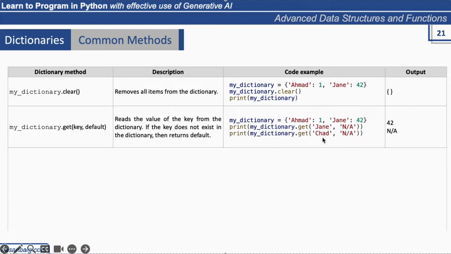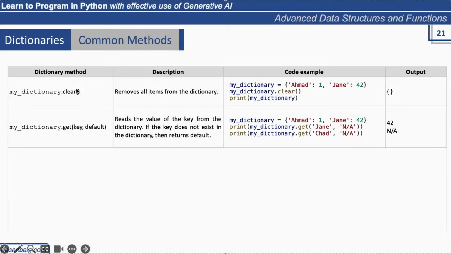However, Chad is not a part of this dictionary. So when I try to get a value associated with a key which is not a part of the dictionary, then rather than throwing the key error that we saw, we can optionally display a message like NA. In this example, you can display a more meaningful message like key is not found.